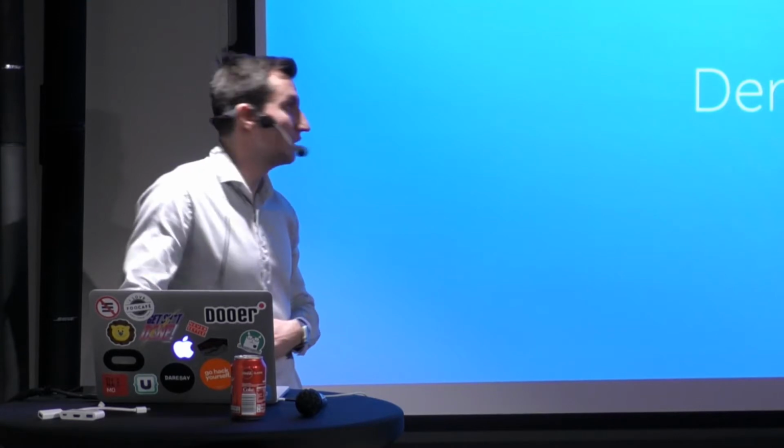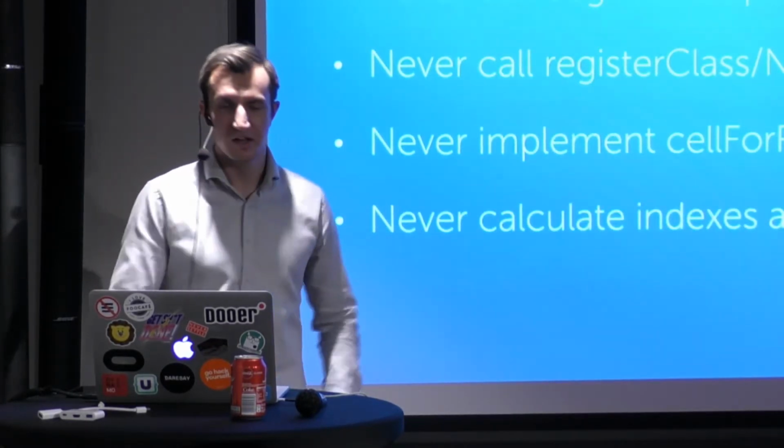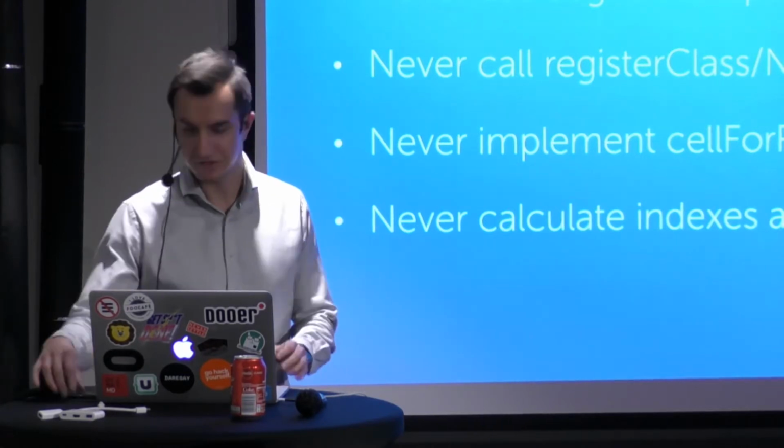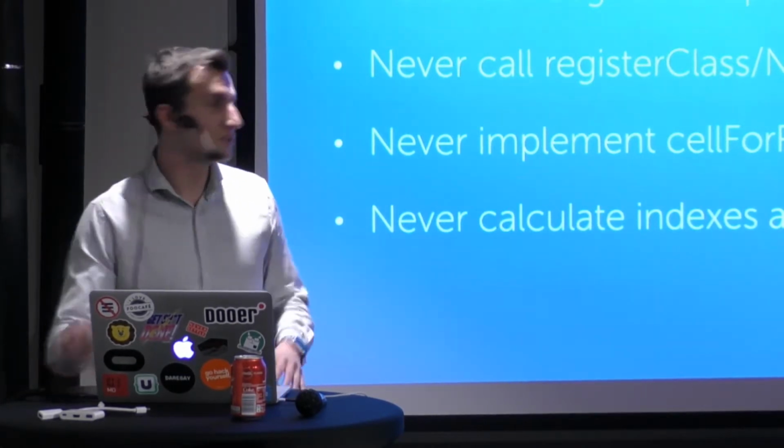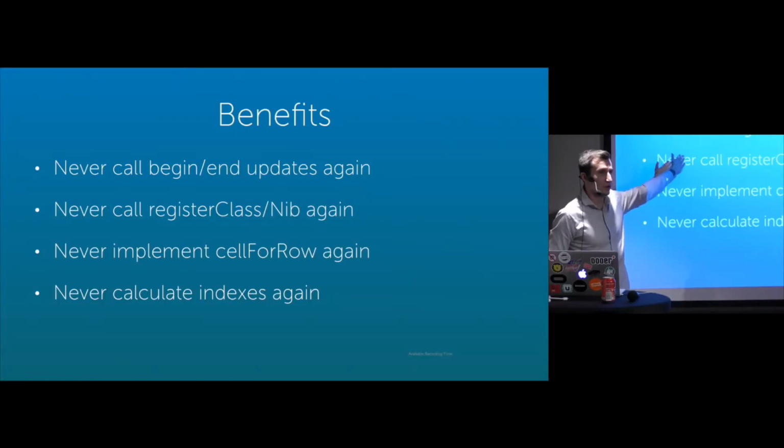All right, so I only showed you some few features because I couldn't have a way too long demo. But as you can see, some of the benefits you get: you never have to call begin end updates again.